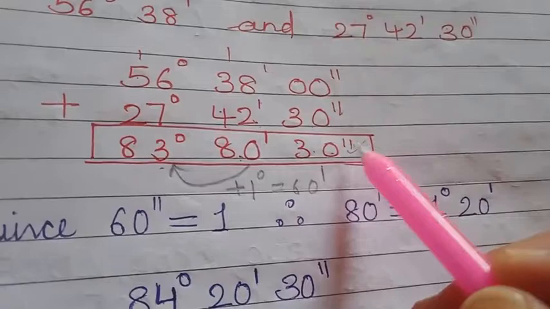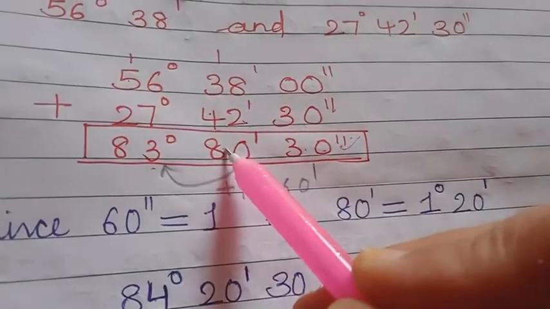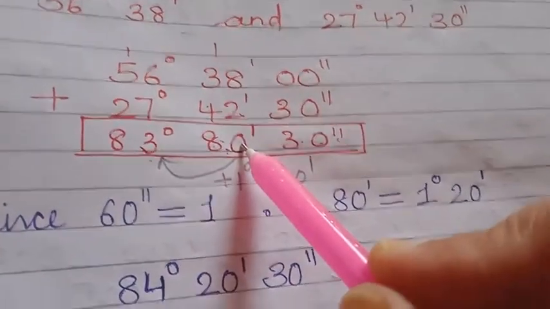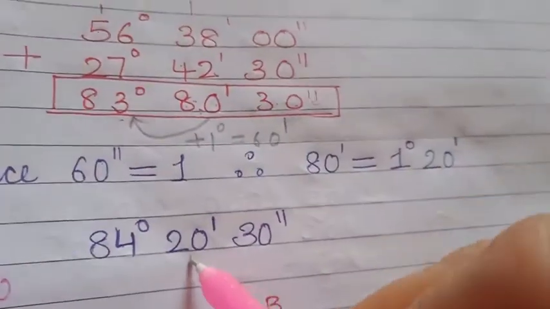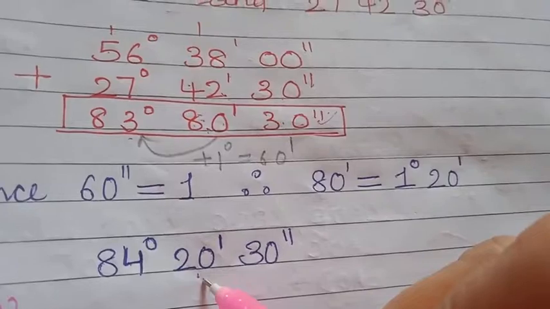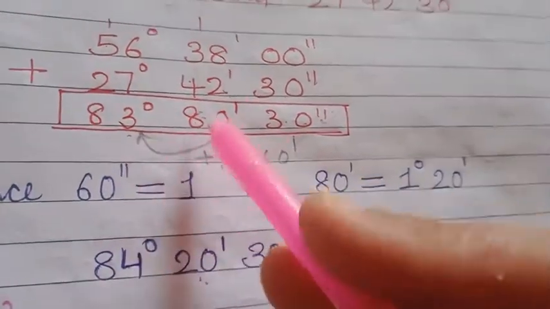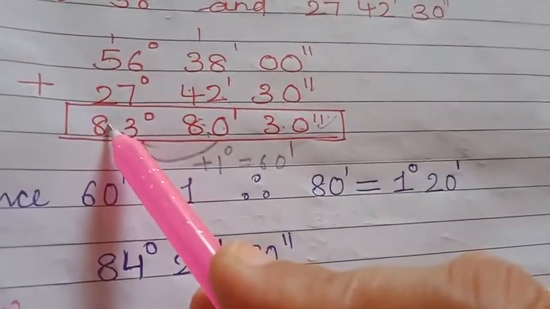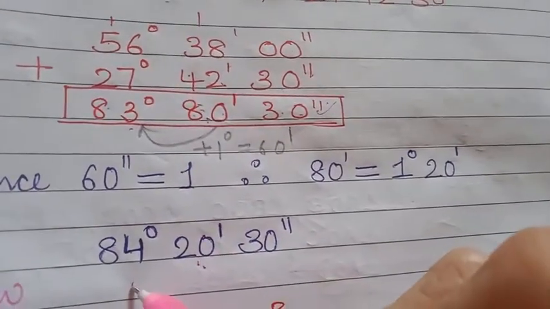Here seconds are no issue because it is less than 60. But 80 minus 60 will give me 20, and plus 1 to 83 degrees, so it became 84 degrees.